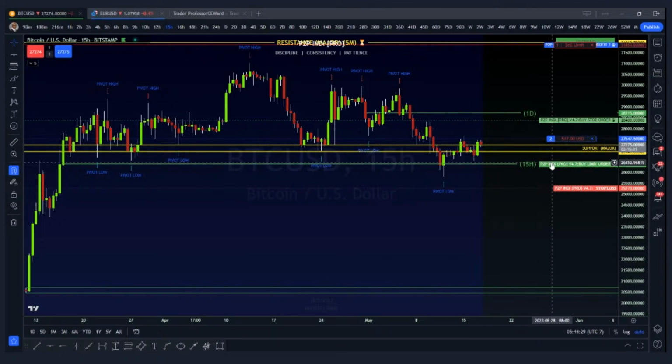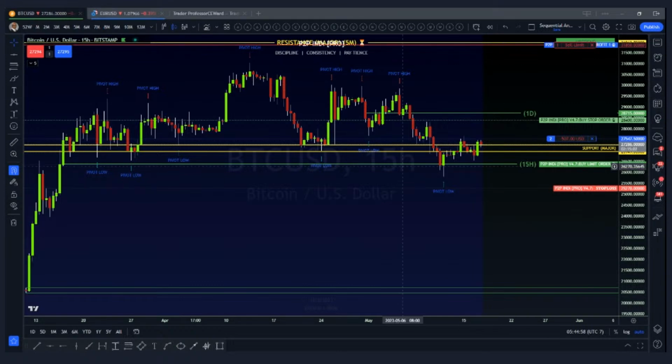The buy stop was triggered first, and then as you can see, it came all the way down to the buy limit. Now they're on the way back up. So I believe Bitcoin is officially in an uptrend now that they hit that trap. This is the trap I was telling you guys about. They had a buy position there. I knew that they were going to come down here, and sure enough, they did. So Bitcoin should officially be going up now. Let's see what else we got here.